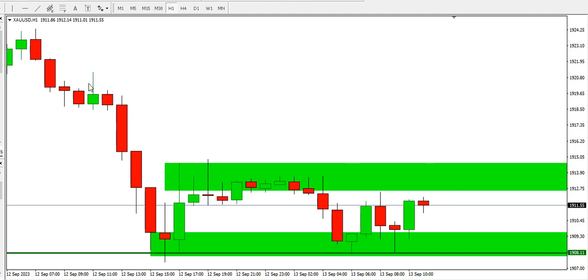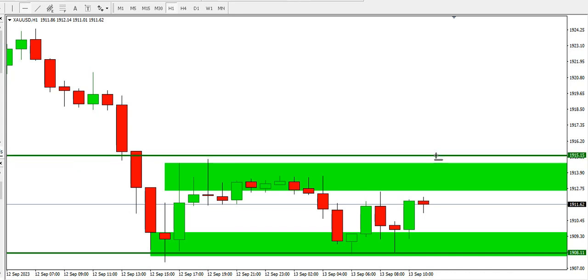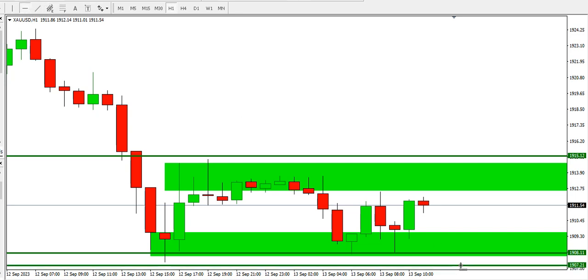If you want to trade a breakout, you might want to place your buy stop around here, and your sell stop somewhere around here.